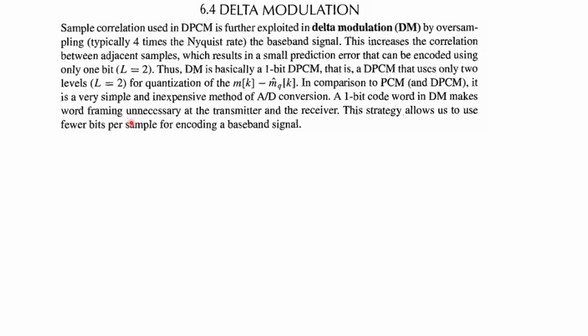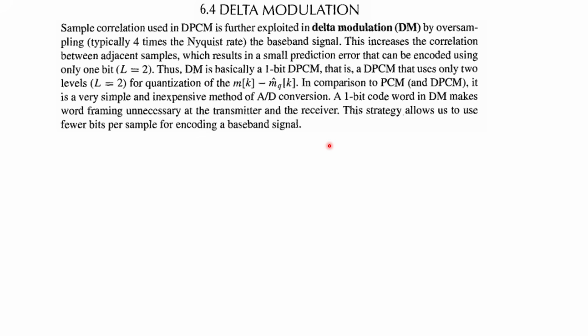Okay, so in delta modulation, the simple correlation used in DPCM is further exploited by oversampling the baseband signals. This increases the correlation between adjacent samples, which results in a small prediction error that can be encoded using only one bit, that is L equal to 2. Thus DM is basically one-bit DPCM, which uses only two levels for quantization of m[k] minus mq[k].